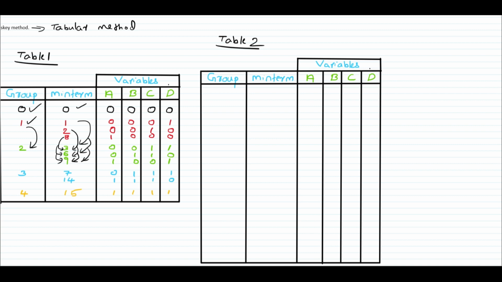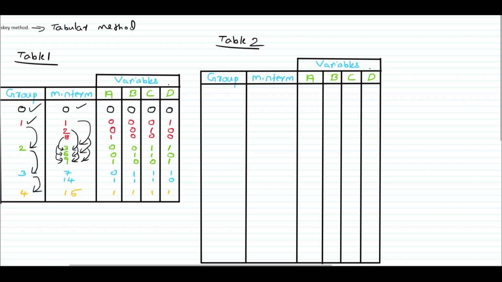That means group 1 contains min terms 1, 2 and 8, and 1 is compared with 3, 6 and 9. Similarly 2 is compared with 3, 6 and 9, and similarly 8 is compared with 3, 6 and 9. And similarly group 2 is compared with group 3 and group 3 is compared with group 4.